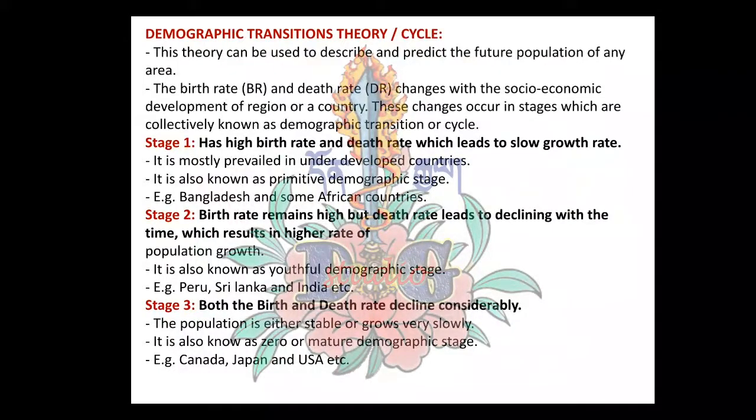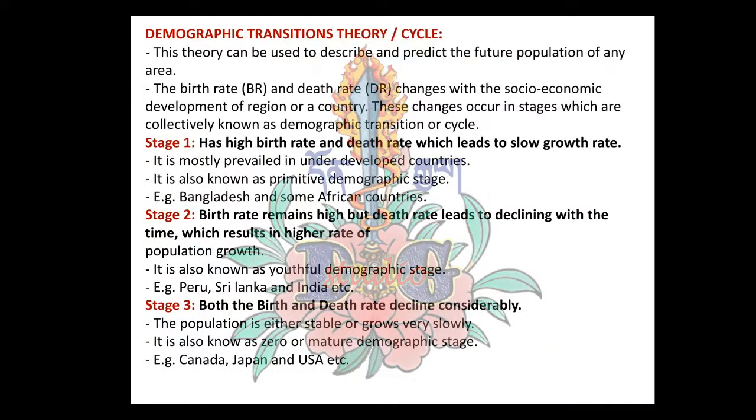In countries like Bangladesh and some of the African countries, the level of socio-economic condition is very, very poor. Social means the level of literacy rate, women's freedom, and so on. Economic factors are GDP, GNP, and per capita income.